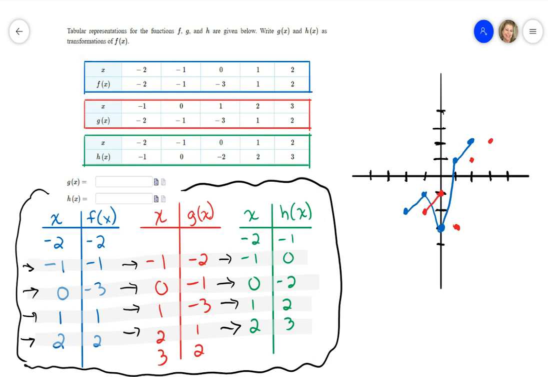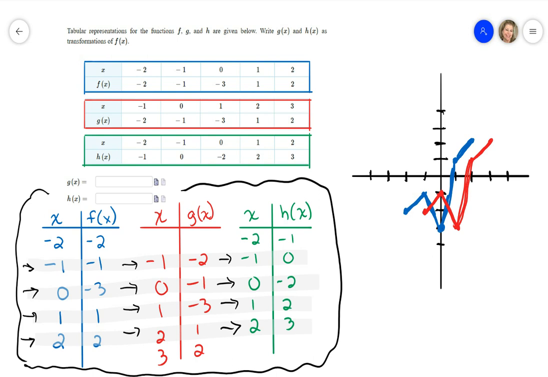And if I connect those dots, I think you can see that the original graph, which was blue, moved 1 to the right. The whole thing basically shifted 1 unit to the right.